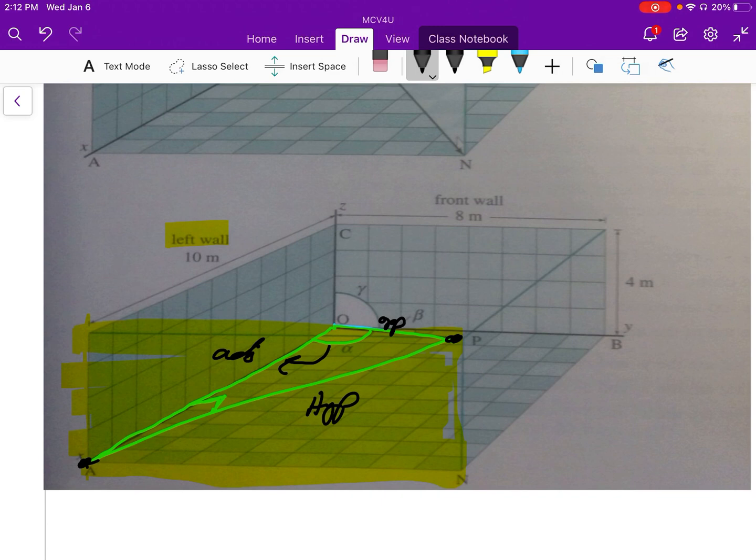Because the right angle, or no, sorry, I did that wrong. And I can see why I did that wrong. But if we take a look at it, because this is the right angle, this is the hypotenuse. The OP is the hypotenuse, and the AP is the opposite. All right, now that's correct.